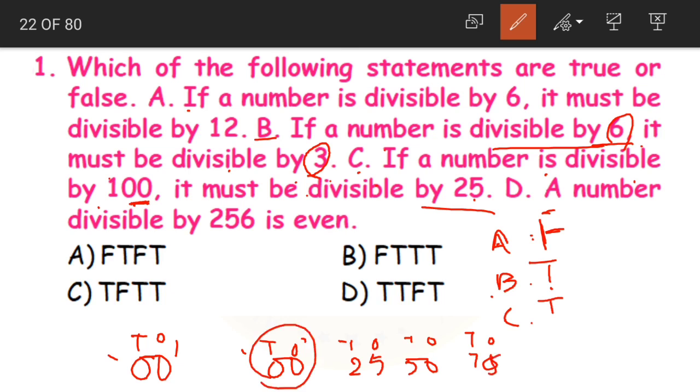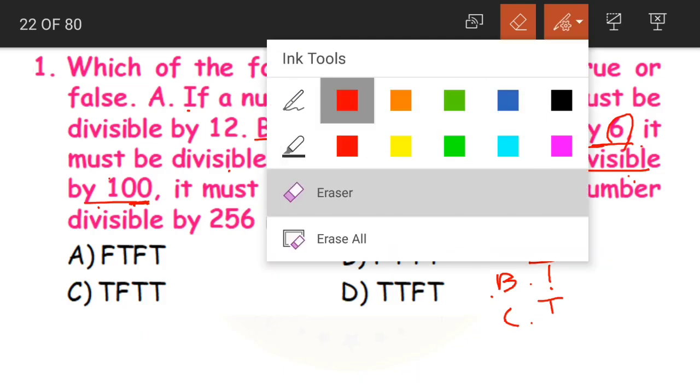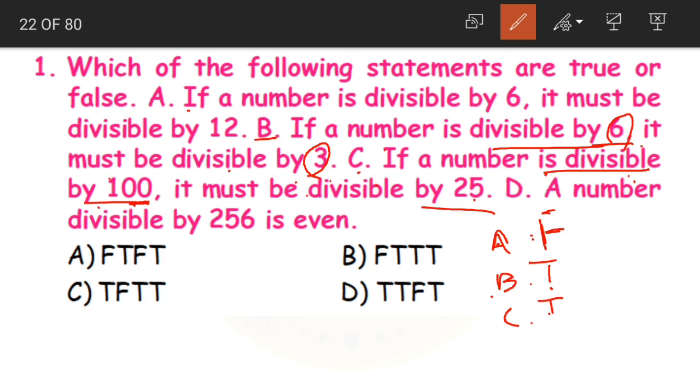So here 0 is common for both. When a number is divisible by 100, it is also divisible by 25. So again C becomes true.